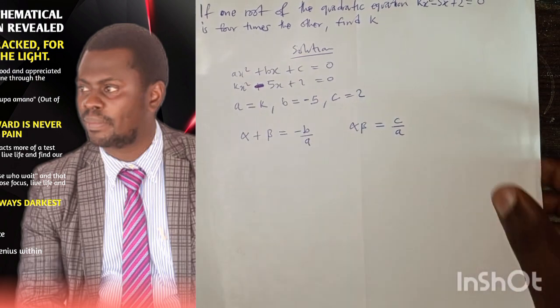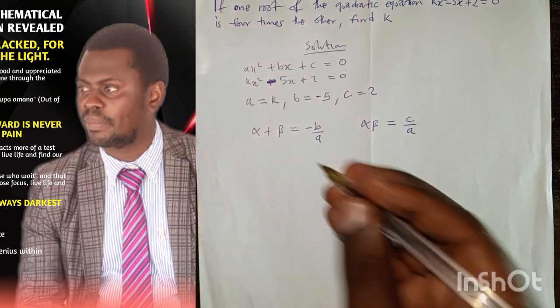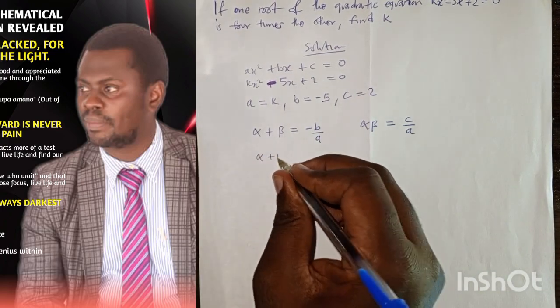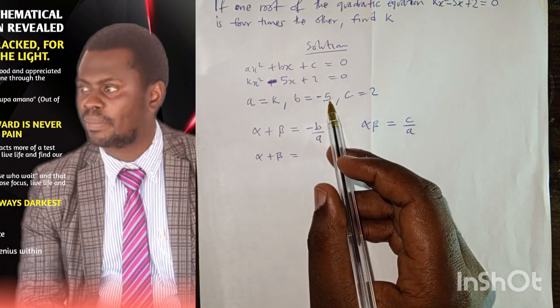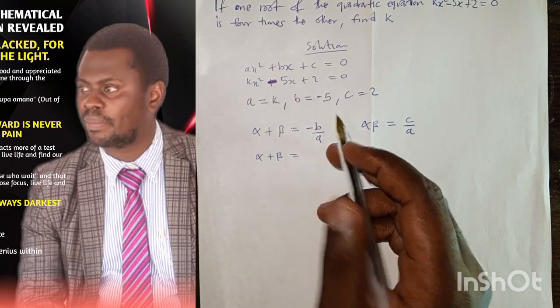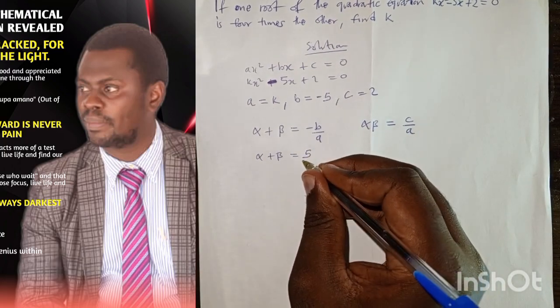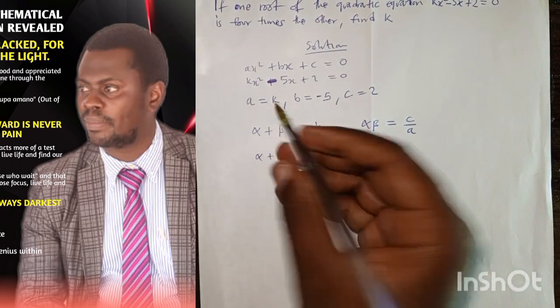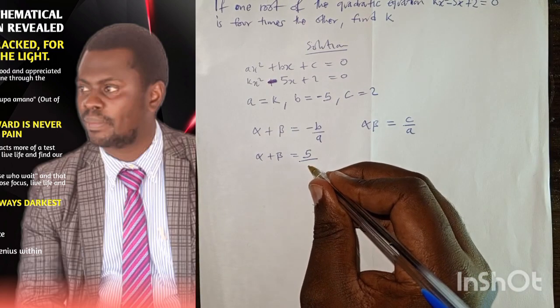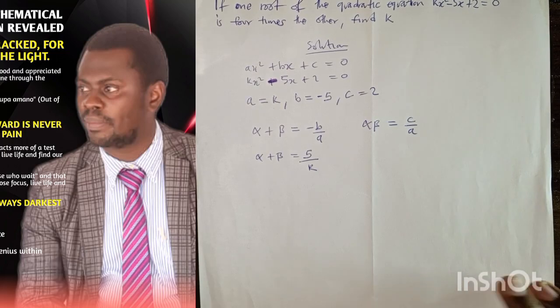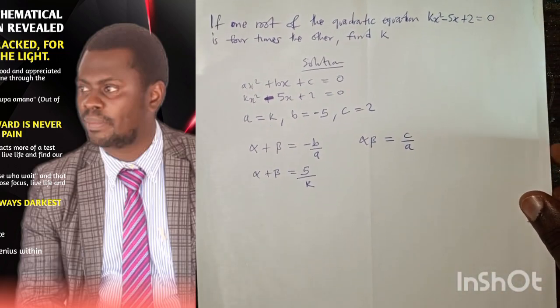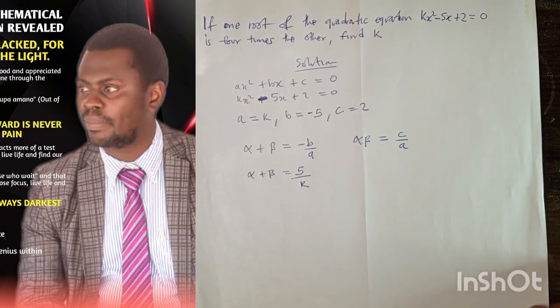So here alpha plus beta is equal to minus b. b is minus 5, so minus and minus 5 you get 5 over a, which is k. So 5 over k. Again, we know that one of the roots of this quadratic equation is 4 times the other.